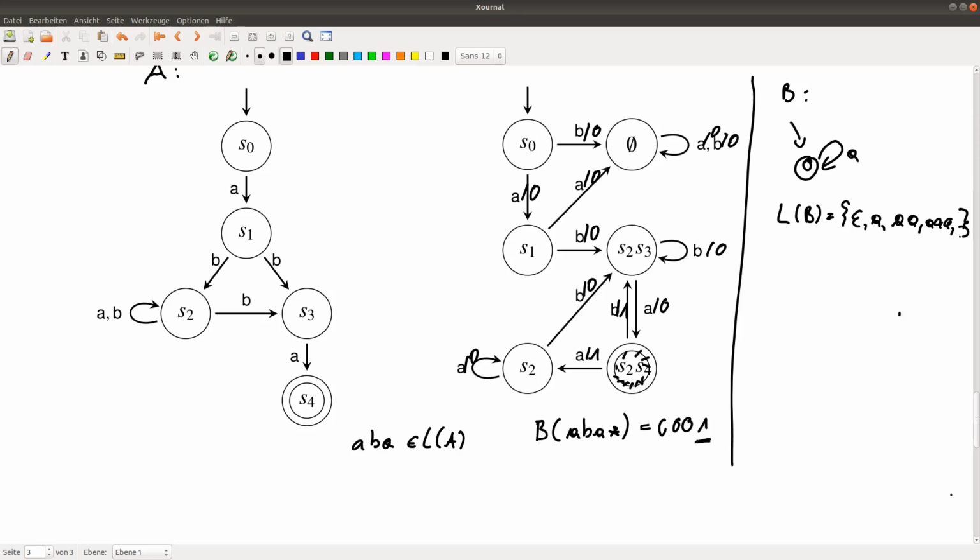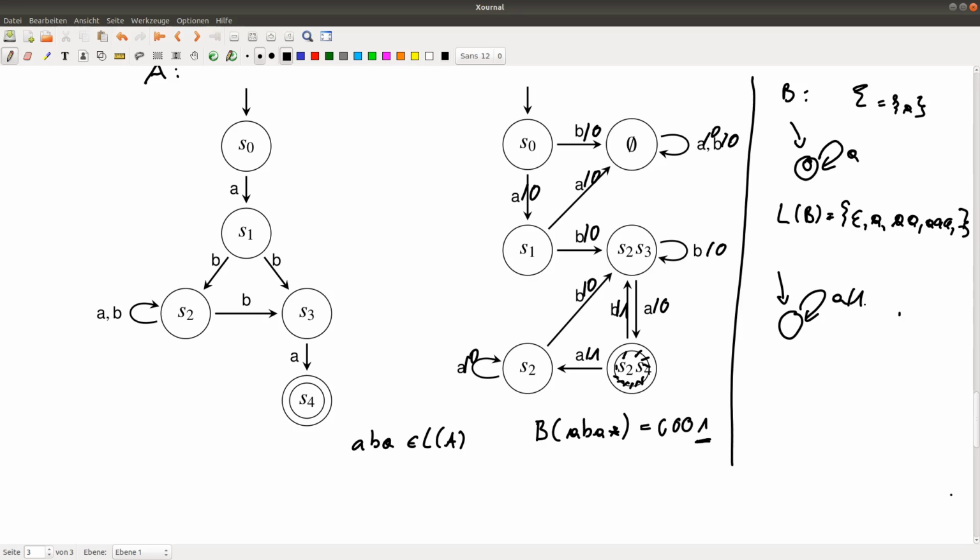Okay, and if we now apply our construction, then we can immediately take this automaton, because when assuming that sigma is A, then it's deterministic and complete. And since this was a final state, we put a 1 here. Okay, and what is the effect of having the 1 here?